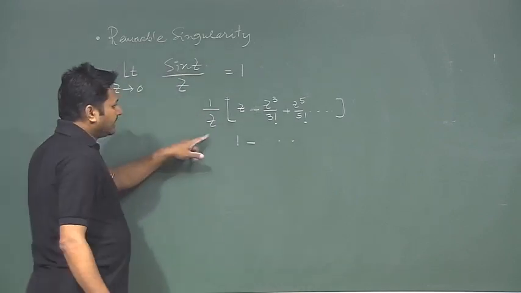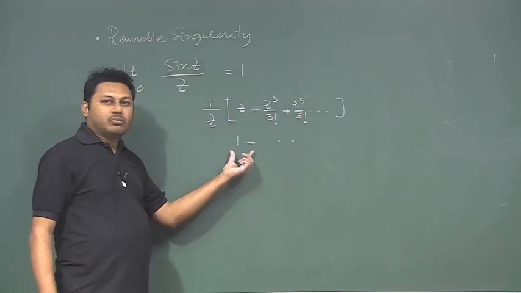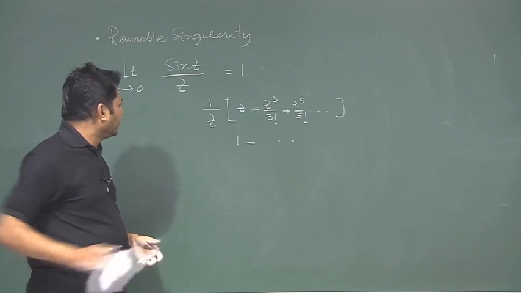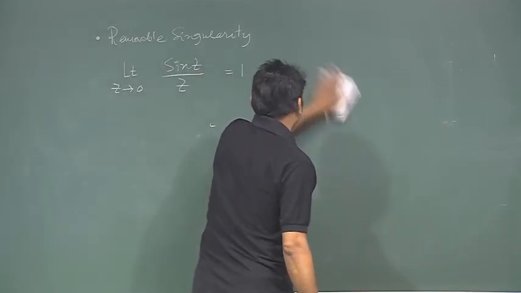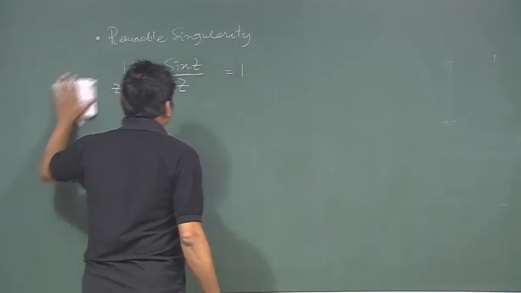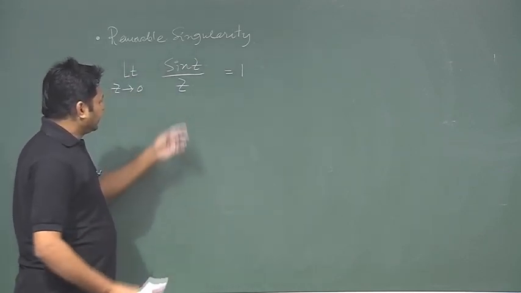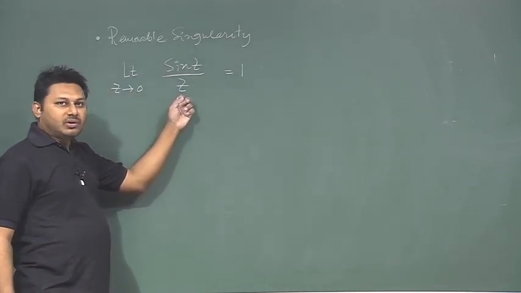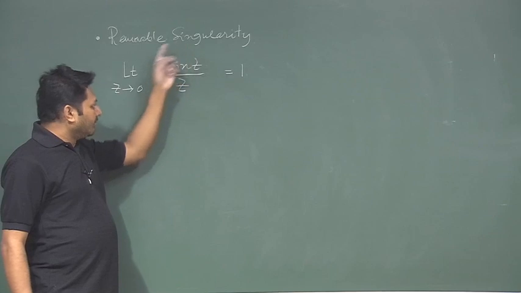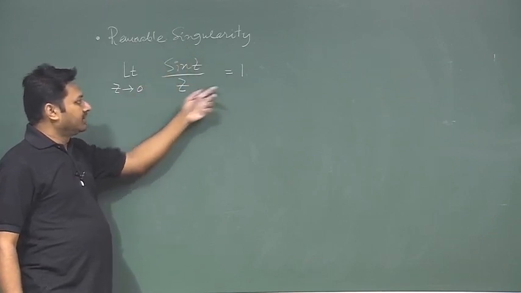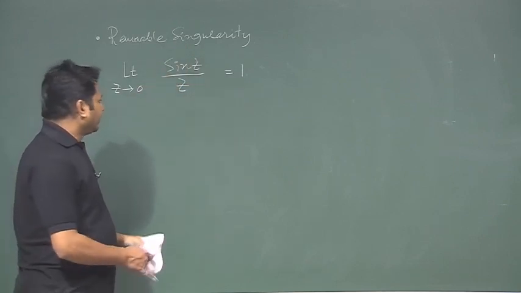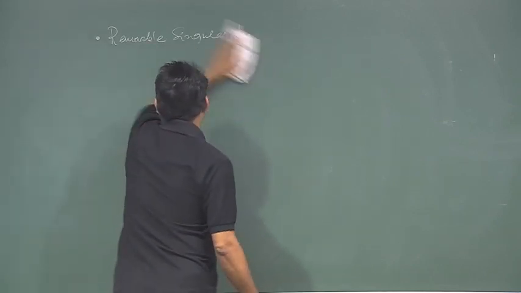When I put the limit, these terms will vanish and I will have 1 in my hand. So, the way we normally use the limit, I will do the same thing here, but z was originally a singularity, and when I put the limit, I find it is 1. That means it is removable in nature.